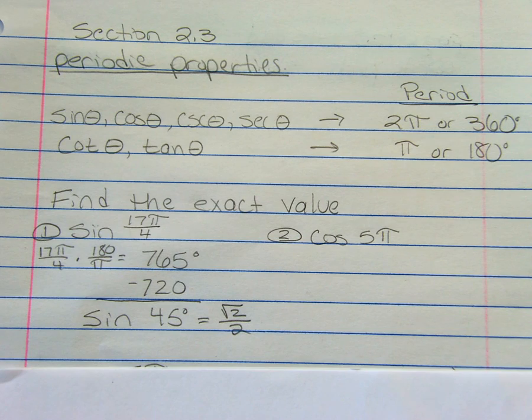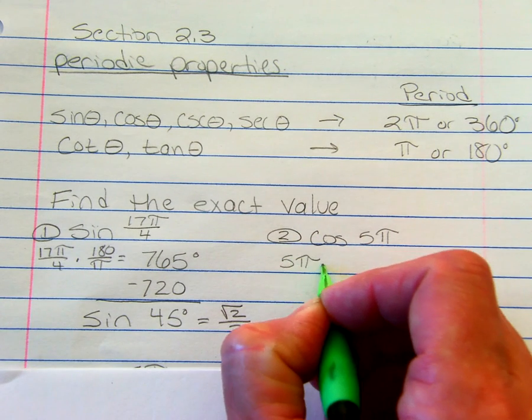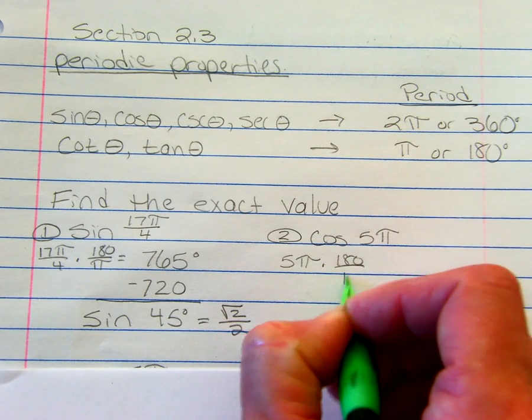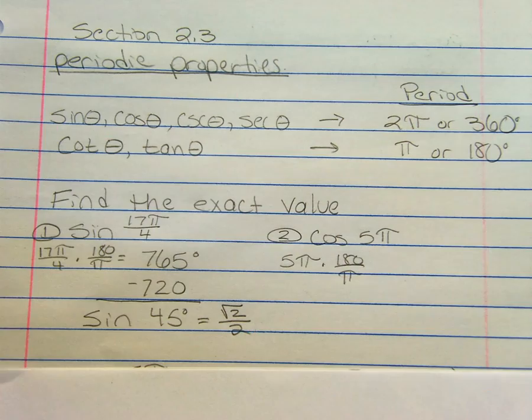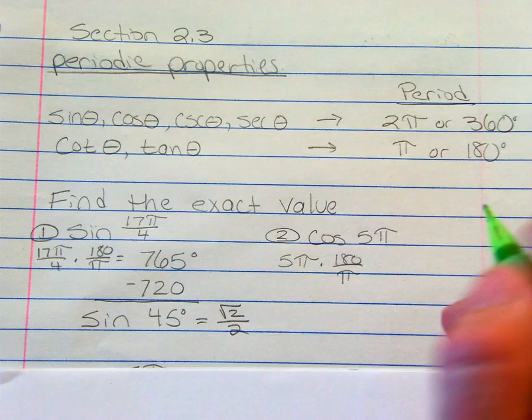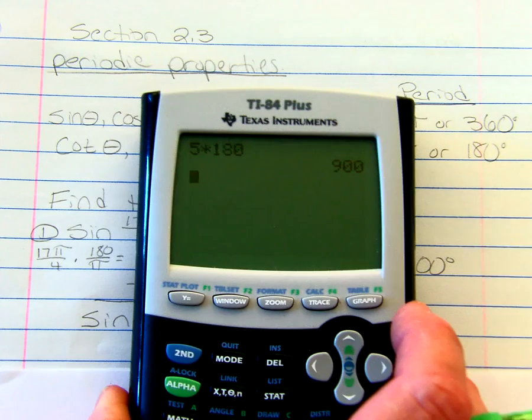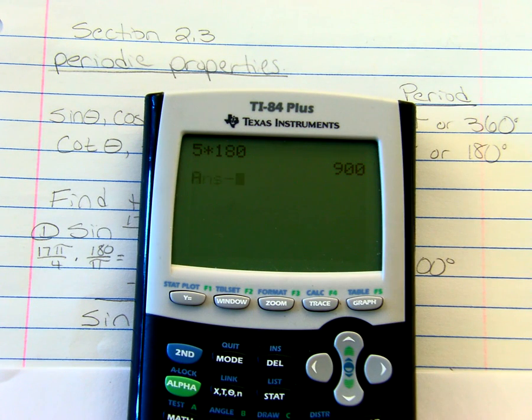All right, so hopefully you hit the pause key. We're going to go ahead and multiply by 180 over pi. So the pi's cancel, and you just need to do 5 times 180, which would give you 900. So we've got 900 that we need to subtract off in multiples of 360.